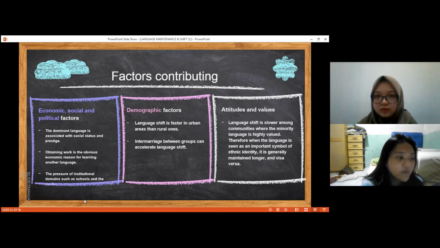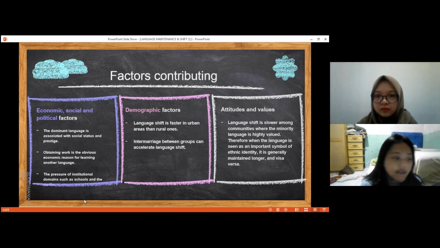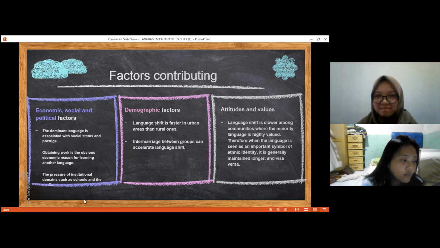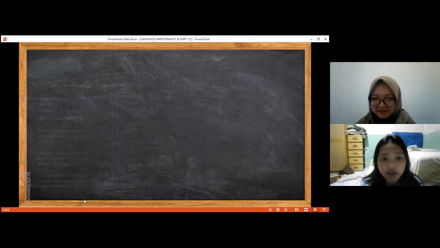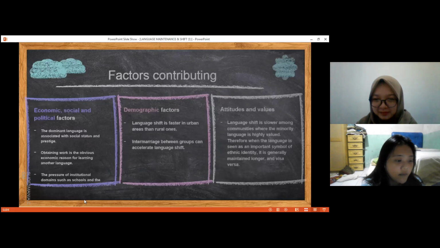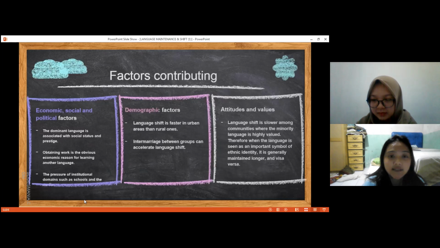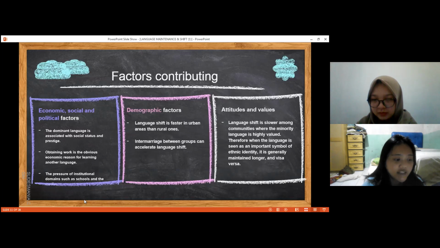Language shift tends to be slower among communities because the status of a language internationally can contribute to these positive attitudes. Maintaining French in Canada and the USA is easier because French is a language with international status.